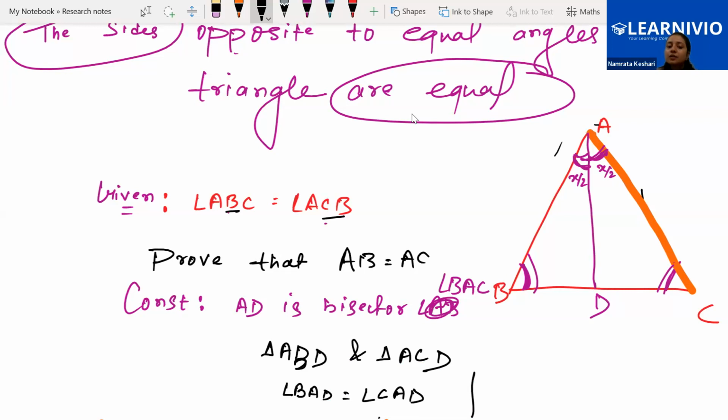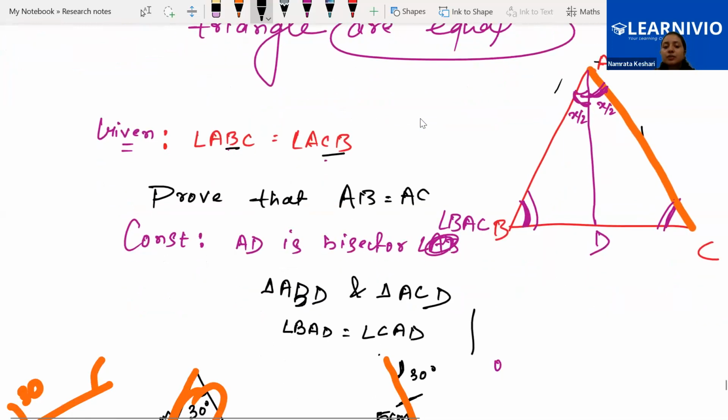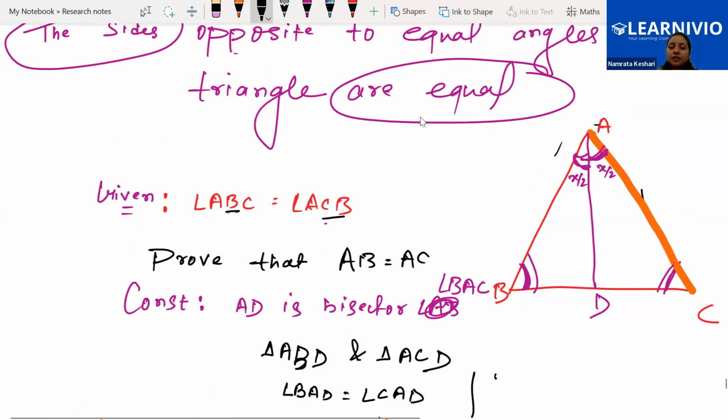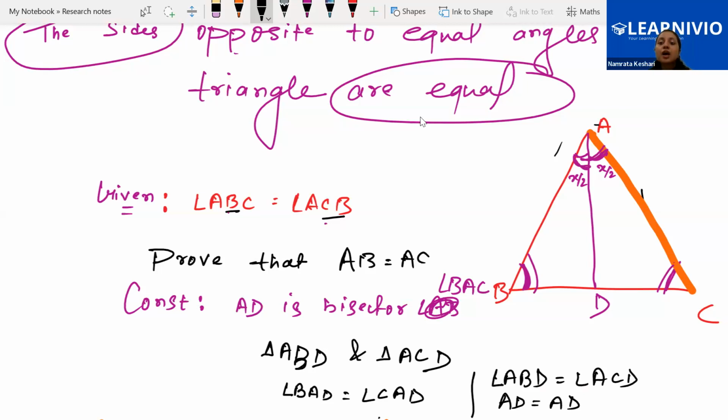We already know that, so I'm writing over here that angle ABD is equal to angle ACD. And what else? There is a common side, AD here and AD there also. But the question is, are we able to match any congruency criteria over here? So let's match it.